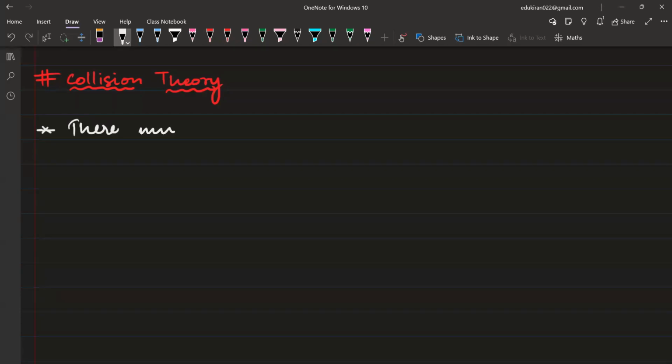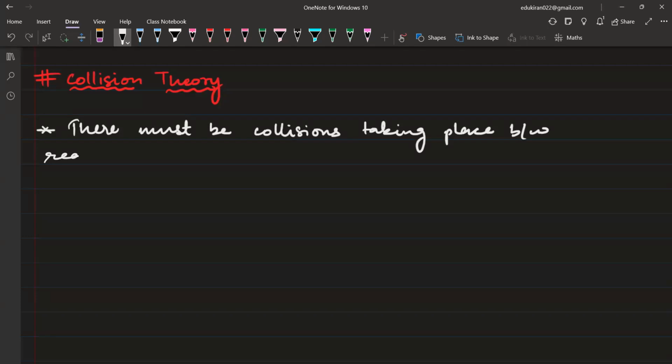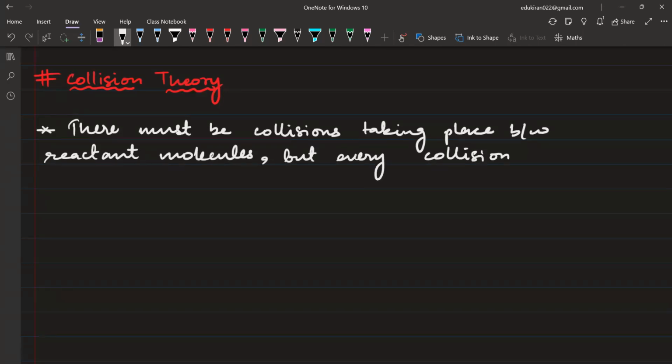There must be collisions taking place between reactant molecules but every collision is not fruitful. Is not fruitful का मतलब every collision does not give you a product.